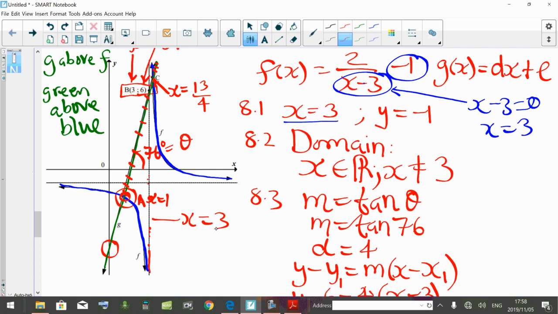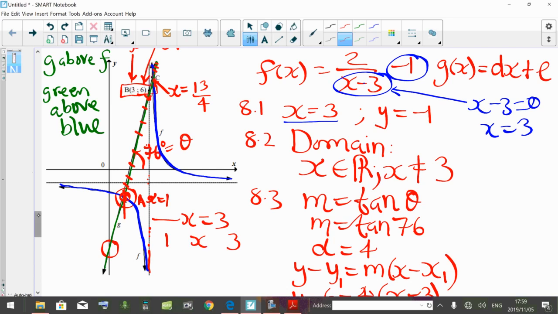So you can see that green is above blue from this point here, which is at x is equal to 1, right up to the asymptote, which is at x is equal to 3. So we can say from 1 to 3. But now we need to decide whether 1 is included, whether 3 is included.